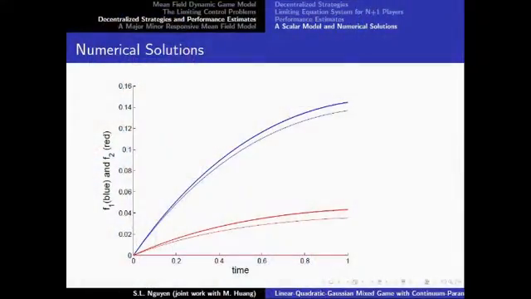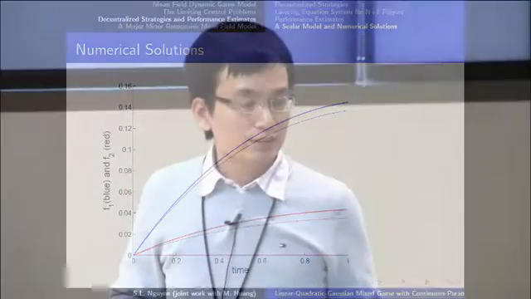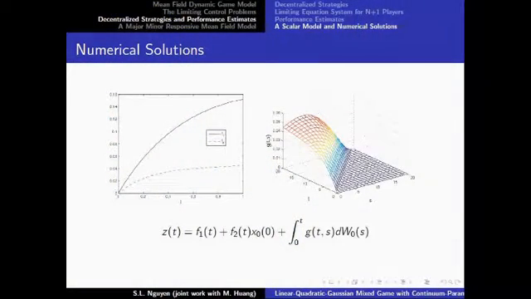We assume that the cost function of the major player and the minor player is given by this formula. And we can compute directly the approximation of the mean field process. So we can compute F1 and F2 by numerical method. And here's a kernel J, and we can obtain the mean field approximation.